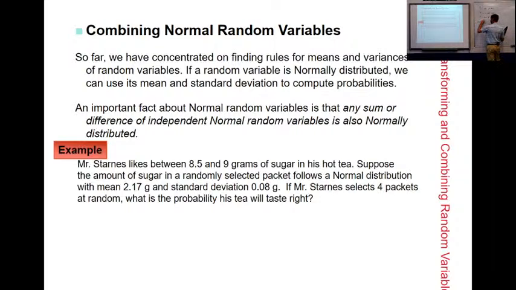So it's going to be 2.17 plus 2.17 plus 2.17 plus 2.17. 2 times 4 is 8. And then if we're adding them 4 times, then we're doubling and doubling again. So 17 doubled is 34, and double it again is 68.